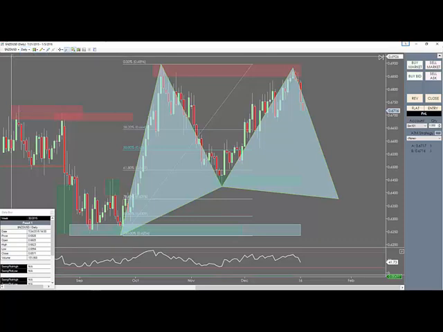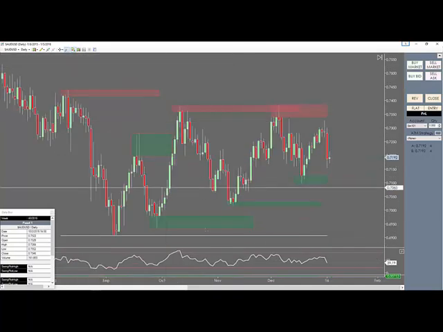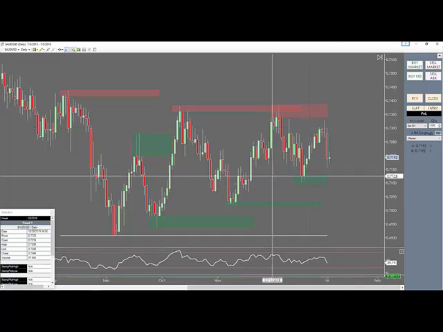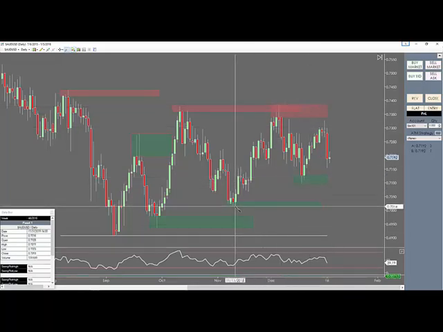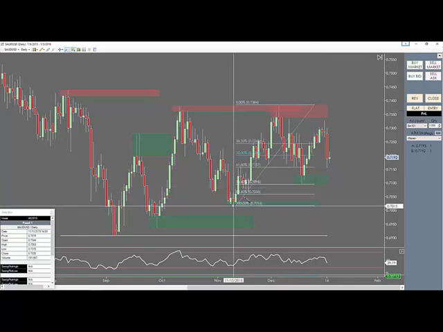Okay, now let's go ahead and go to our Aussie dollar. Aussie dollar, same thing, it's been kind of a range, and can also possibly be that deep Gartley pattern.